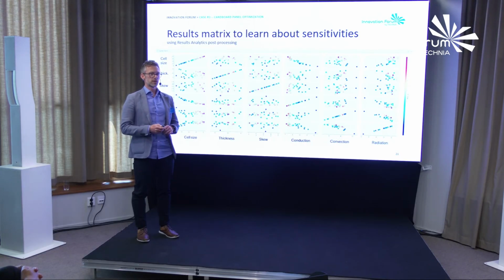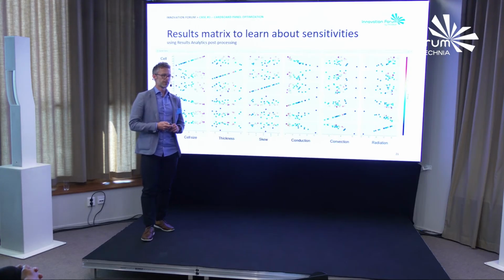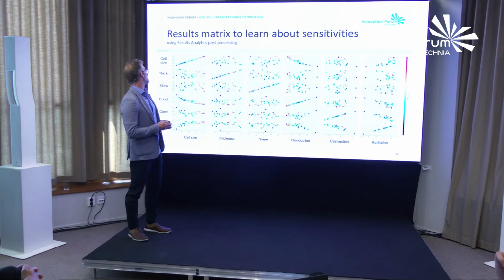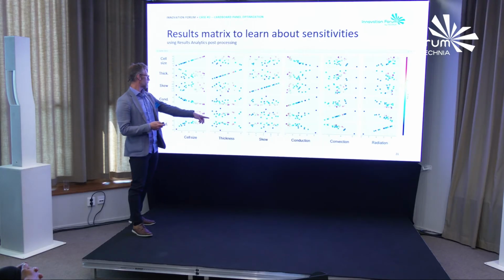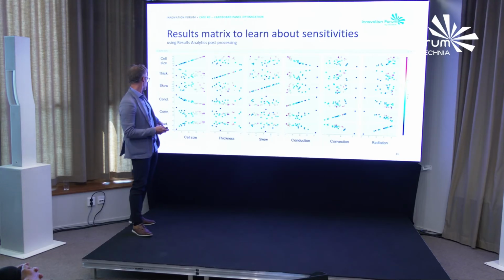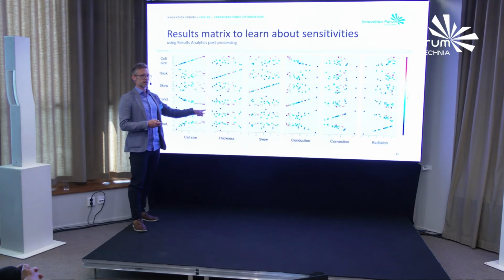First of all, you can do some data analytics to learn how your design behaves. So in this case, we have cell size, thickness, skew factor, and here is the output, radiation, convection, conduction. And we can learn, for example, with increasing cell size, conduction is decreasing, which is proving what we said before.